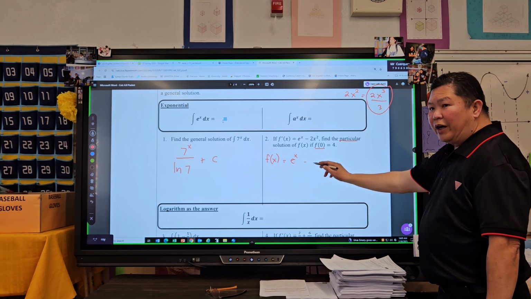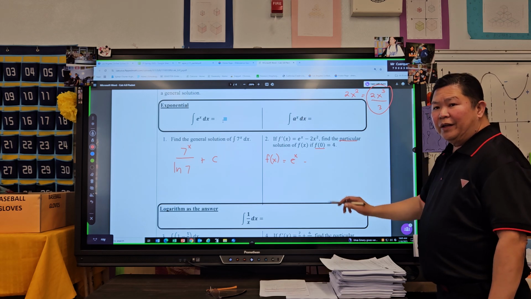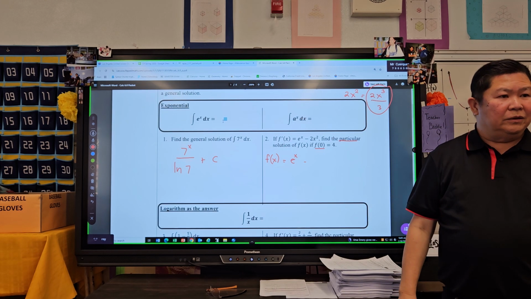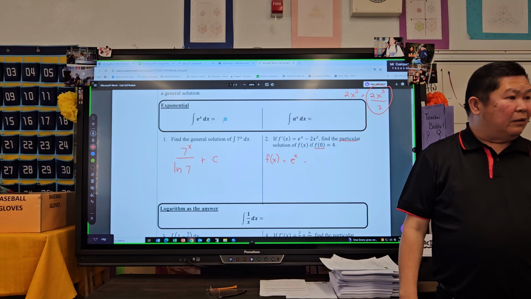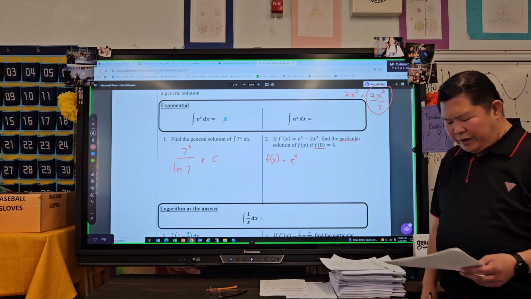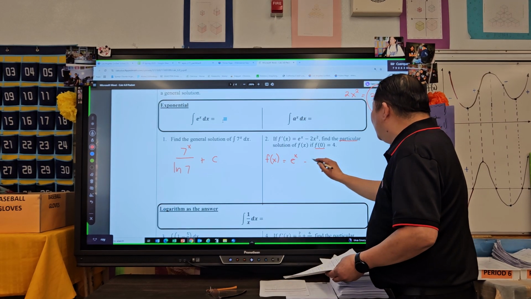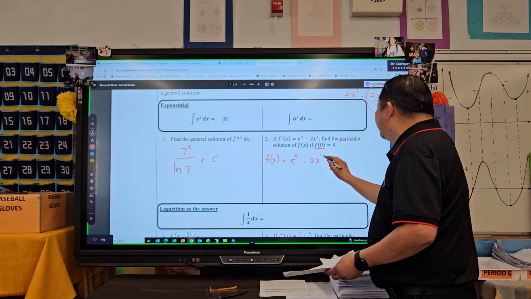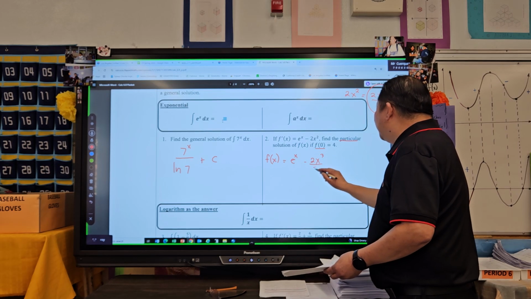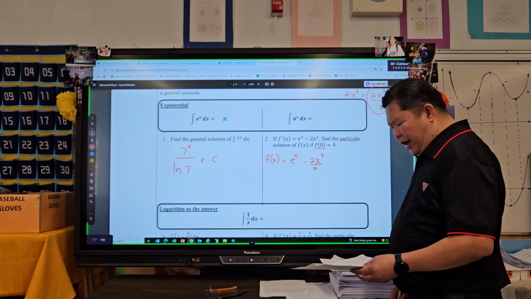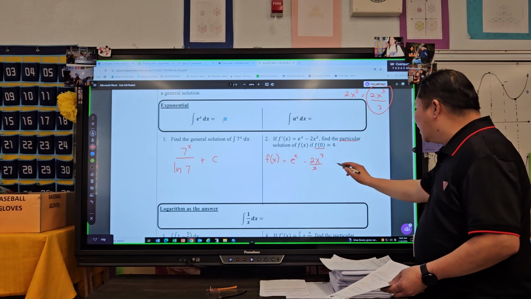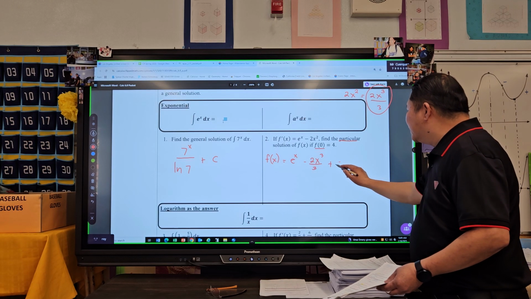You write it down right here. Okay? Can you write down the antiderivative now? So this means 2x to the power of 3 over 3. And then plus the constant.